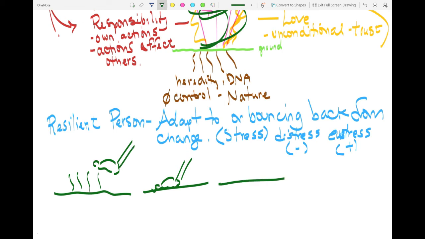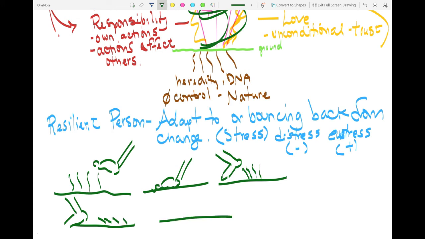If that grass is healthy, once that foot moves on, that grass will bounce back up. And it'll be fine. Now, the more it gets walked on, the harder it is for this to stand up. So eventually you see the foot, and the blade of grass is kind of at the side, right? And the more it gets trampled, the lower and lower it goes, until eventually it's just mushed into the ground.